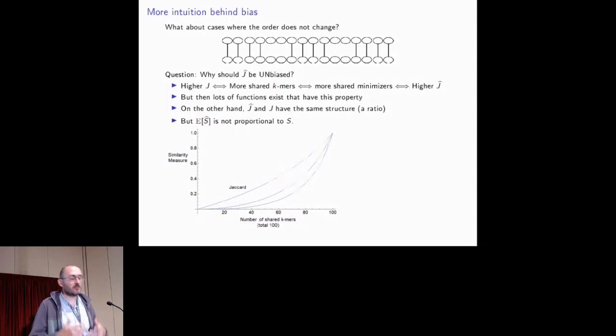Now, you might still say, well, but the estimator and the true Jaccard have the same structure. They're both ratios. But this is really not enough, because what we show is that the expected value of the number of shared k-mers is not proportional to the number of shared k-mers.